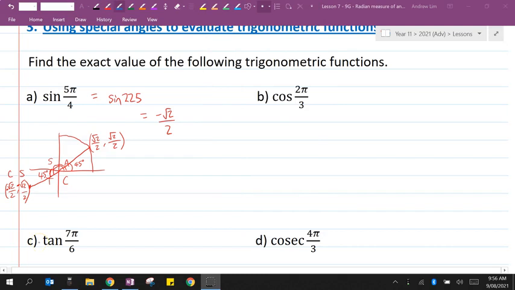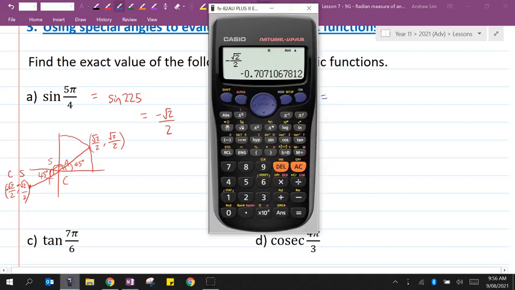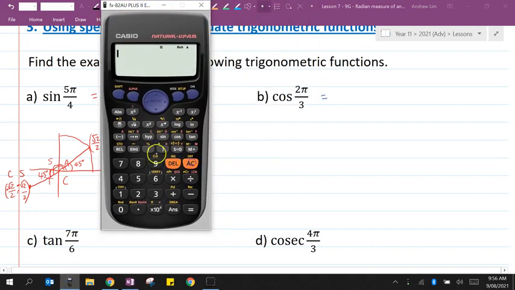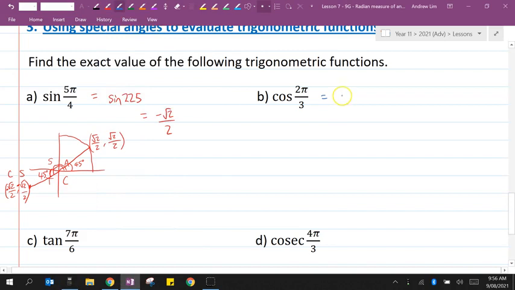Okay, let's have a look at question B, cosine of 2 pi over 3. So I'm just going to put that in my calculator. 2 times 180 over 3, because I want to convert that to degrees. That's cosine of 120 degrees. Alright, let's bring out our all stations to central. 120 degrees is about here.